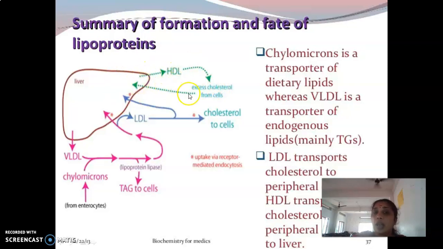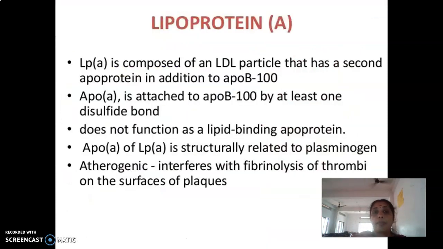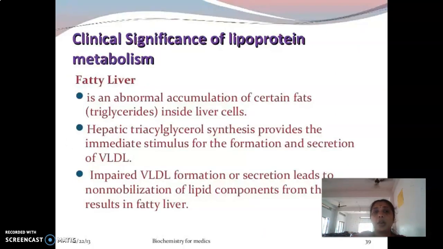So this is known as reverse cholesterol transport, that is uptake through receptor mediated endocytosis. The cholesterol transferred from the liver to the cells is carried out by LDL, while HDL carries the transport of cholesterol esters from the cells to the liver. So this is known as reverse cholesterol transport, which happens with the help of LCAT and scavenger receptor proteins. The LPA is already over.